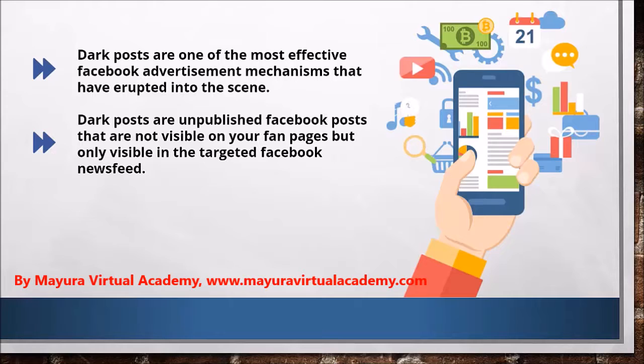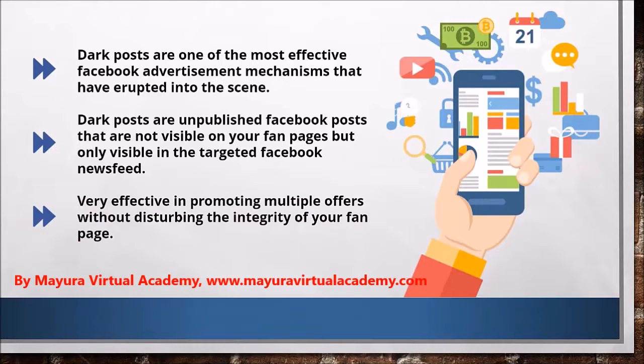The other advantage is, it is not your typical Facebook ad which appears on the right column of Facebook. Instead, it appears in the news feed of your targeted customers, so it's a cool marketing which you can do with your target customers. It is a very effective tool in promoting multiple offers without disturbing the integrity of your page. Another thing is that even if you don't have fans, you can still do dark post advertisements to target your audience.